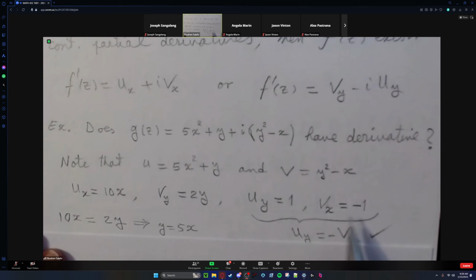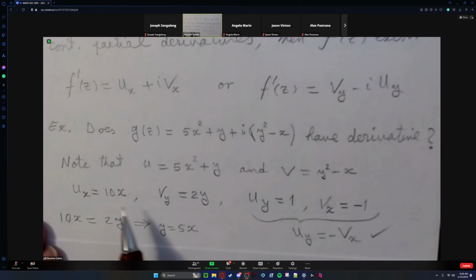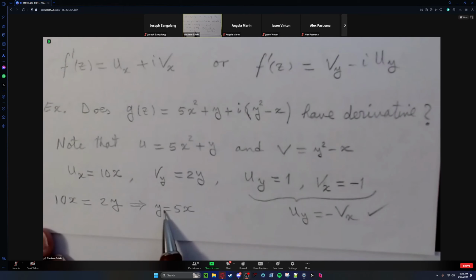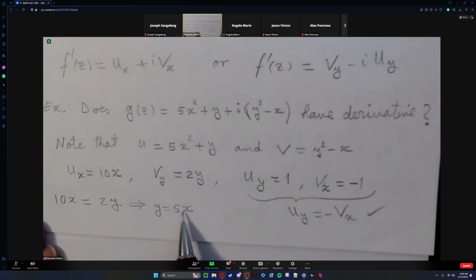In this one, yes, we have equality, u sub y is there. But here we don't. But we have equality along this line, though. If we let y always be 5x, we will have equality here.